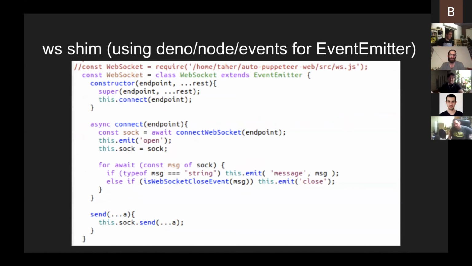So here's the WebSocket. This code looks really easy. It's, I think, maybe a testament to the WebSocket API, and just being able to use window event emitters and that type of work, that this WebSocket shim reads really easy. It was somewhat of a hassle for me going through the Puppeteer web Browserify. It's just TypeScript compiled down to JavaScript.